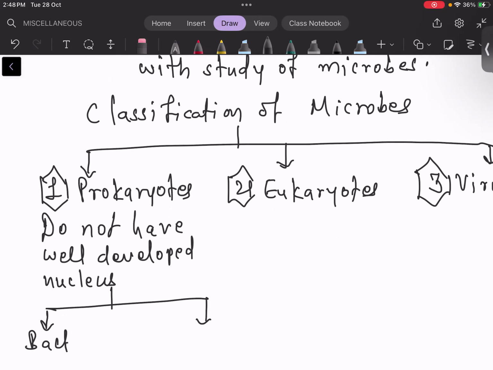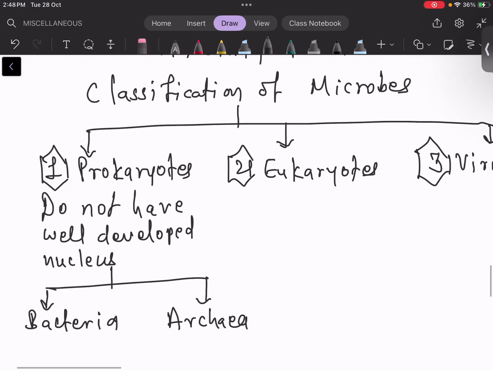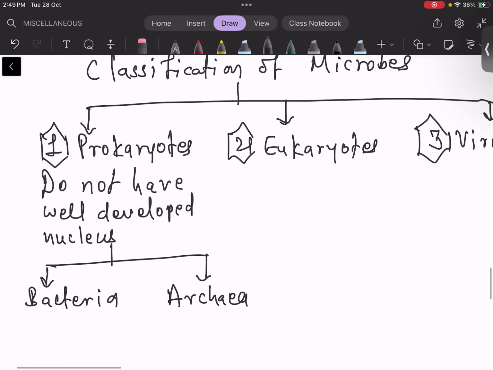Bacteria. And second, archaea. Now, what are bacteria? They are found in diverse environments. Some are beneficial, for example, bacteria found in the gut, while some can be pathogenic.